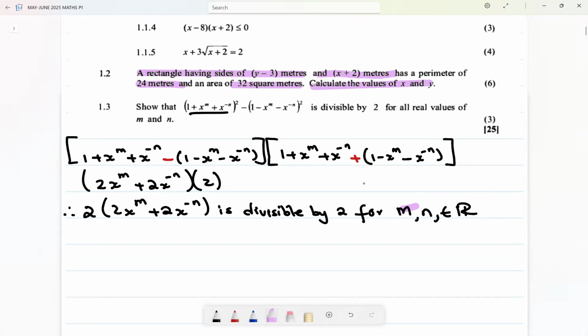So hence, they say show that this expression is divisible by 2 for all real values of m and n. Since it has a 2 here, even if this number was maybe 4 or say 3, if it's multiplied by these 2, it's going to become 6, and 6 is divisible by 2. So this is a key factor in us deciding. So this expression is divisible by 2 for all m and n an element of real numbers.